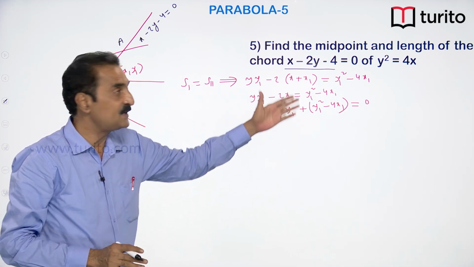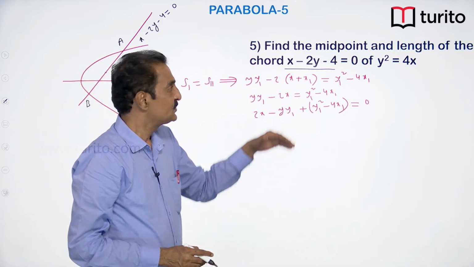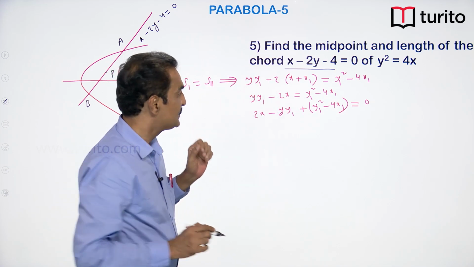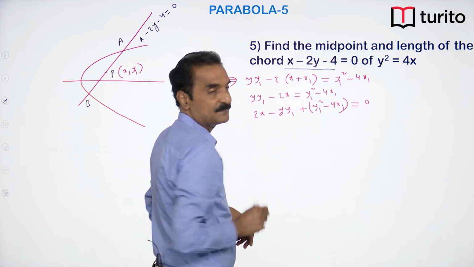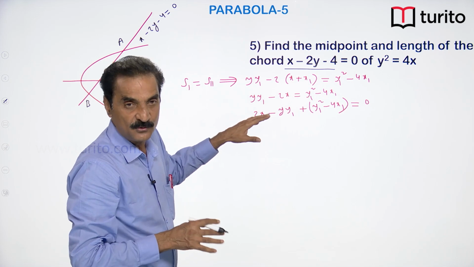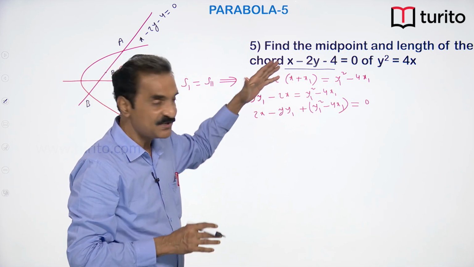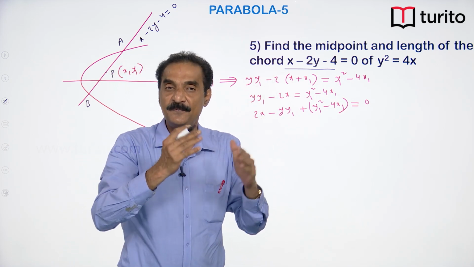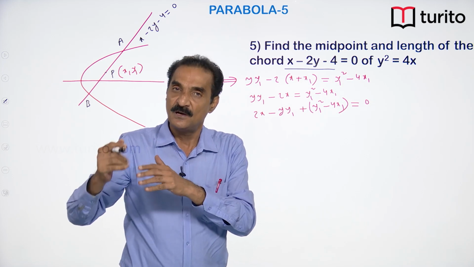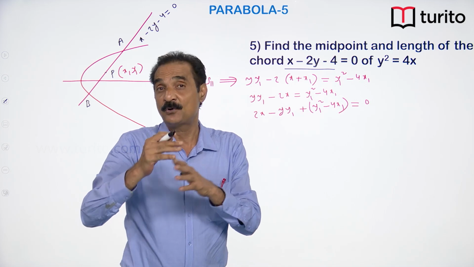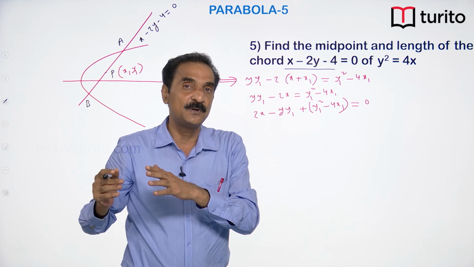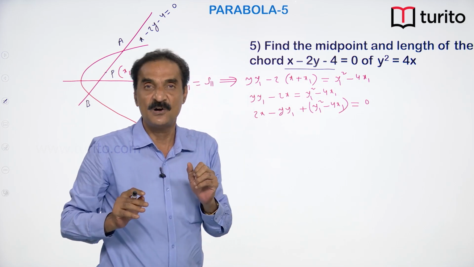But equation of the chord is already given. So this equation and this equation must be same. So comparing this and this, what we will get? Comparing two lines means if two equations represent same line, then the ratio of the coefficients of x must be equal to ratio of the coefficients of y must be equal to ratio of the coefficients of constant term.